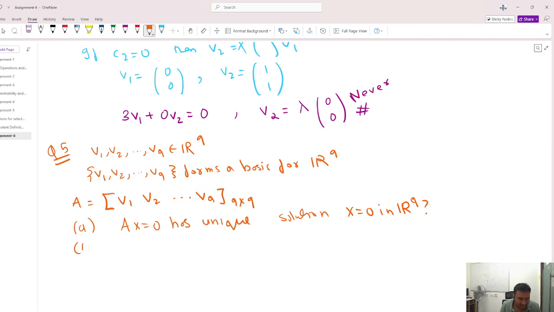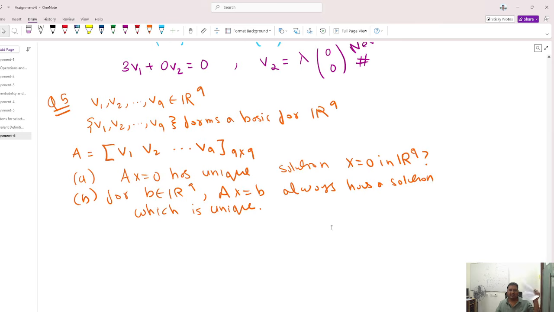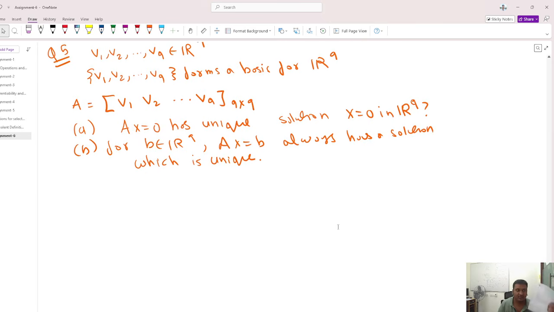What is your B part? For B in R9, AX equal to B always has a solution which is unique. See, this is by the result which I have proved.